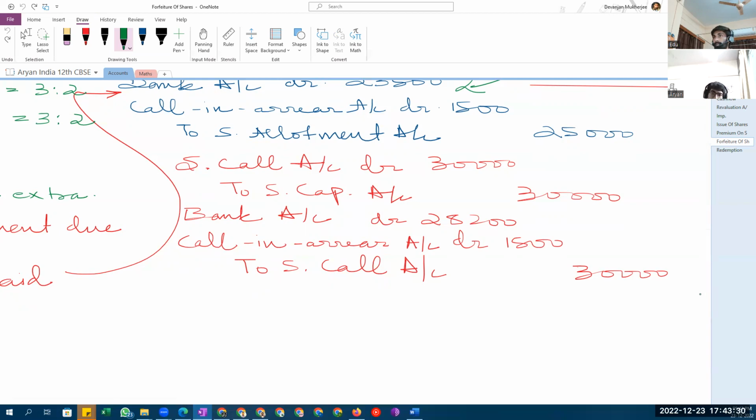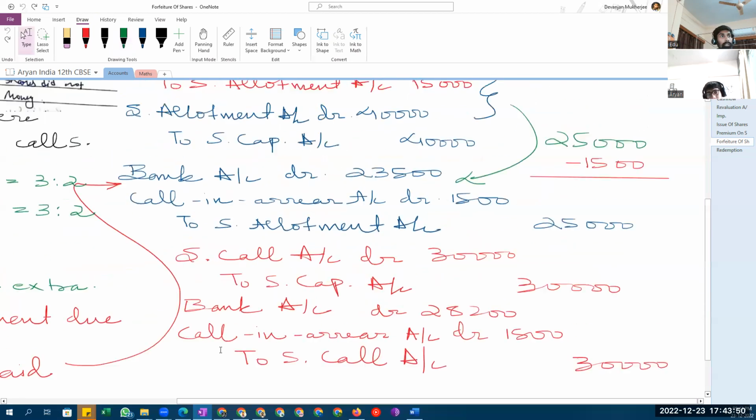Okay? Whatever money of this person we have put in the share capital and made due until now, whether it is received or not received, that's a separate thing. However much we have accounted for, all of that will be removed.